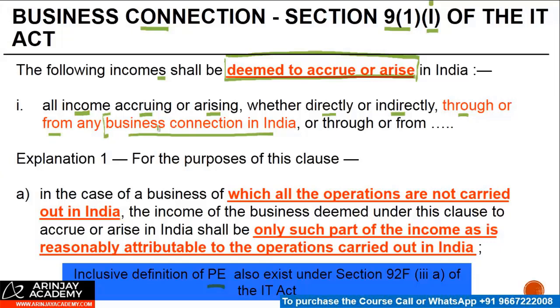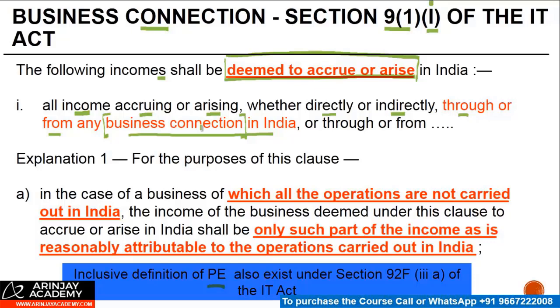Now, what is a business connection in India is not defined in the Income Tax Act, but the Supreme Court has had a chance to discuss this aspect. In terms of the decisions given until now, a business connection has been elaborated to mean any activity in India which has an intimate, close connection with a non-resident, such that the activities in India and activities outside India together result in accrual of income to the non-resident.